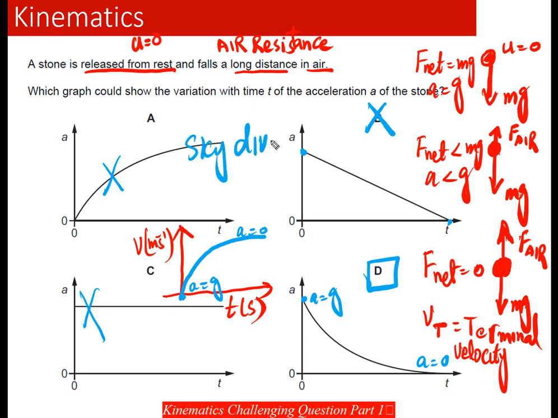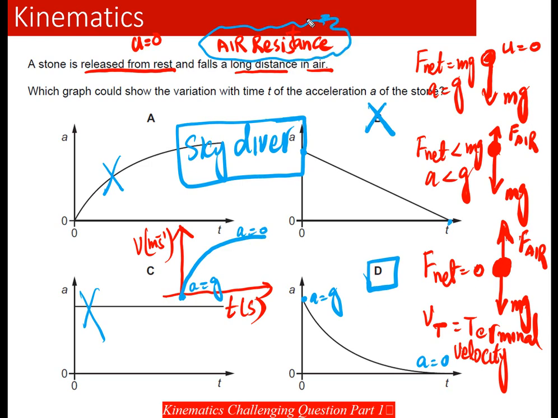So it's important to keep this in mind for a skydiver or for falling bodies in the air, where air resistance is not ignored. I hope this was quite clear to you. If you have any questions, you can leave them in the comments section. So our answer is D.